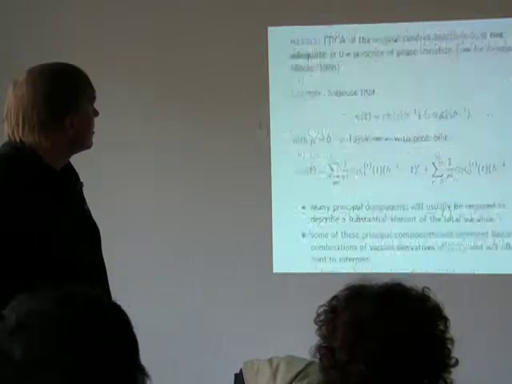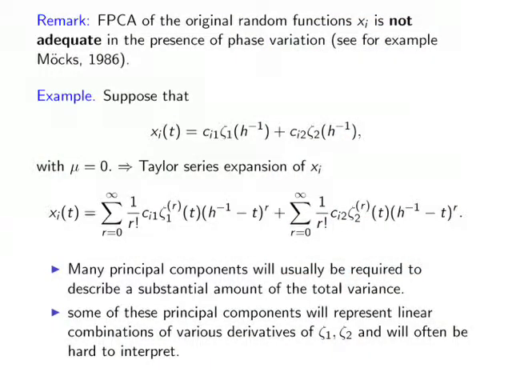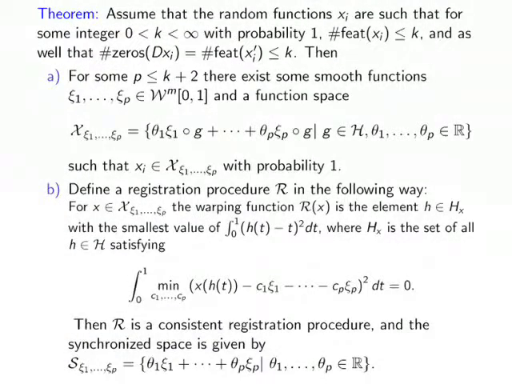And what you can show, whereas functional principal components of the original random function do not do that, we have a small theorem which says that if you have random functions which have at most a number k of features, here just peaks and valleys, so that with probability 1 at most k features are to be found in every sample. For example, in this sample you would only have one of these features, others may have 2, others may have 3.